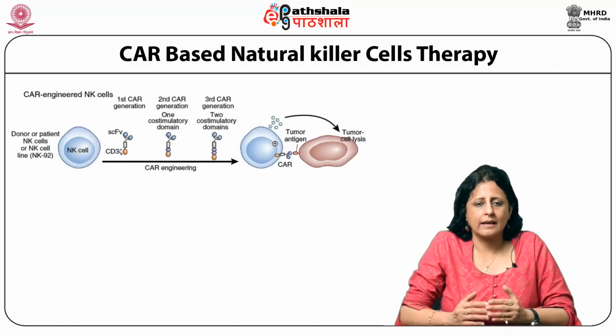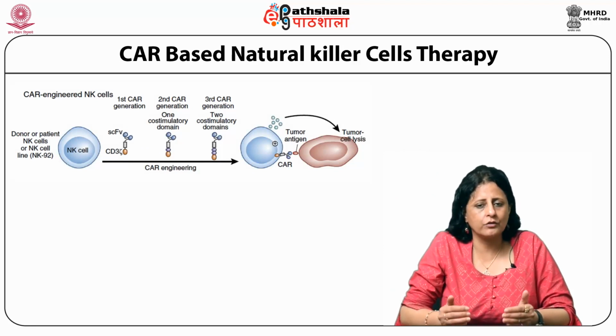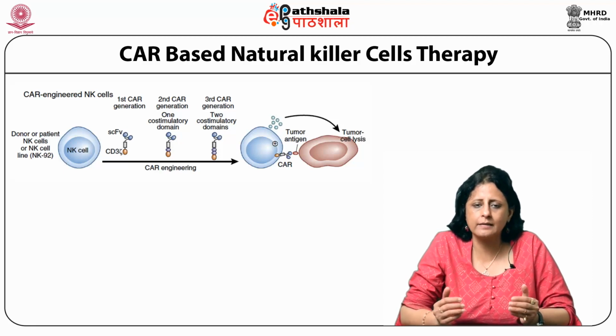CAR-based natural killer cell therapy. CARs can be engineered in autologous or allogeneic NK cells or in NK cell lines such as NK92. CARs are designed by the fusion of an antigen binding domain with the hinge region, a transmembrane domain, and one or more stimulatory molecules.